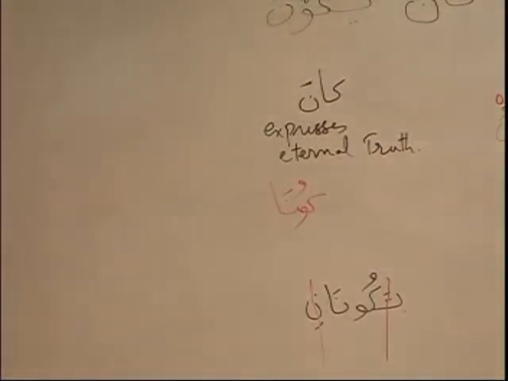When we say kana tawwaban, he was, is, and will be most forgiving. In that case, it is not just was; it is always.